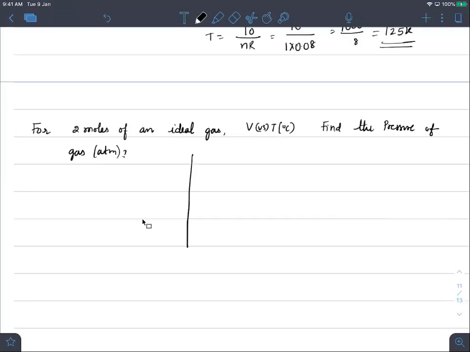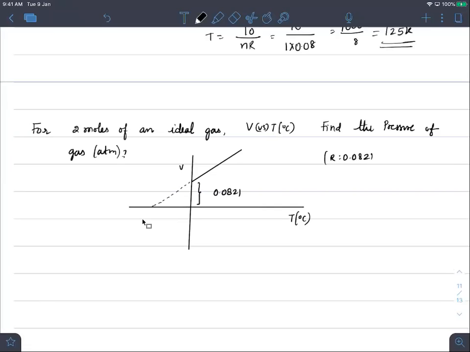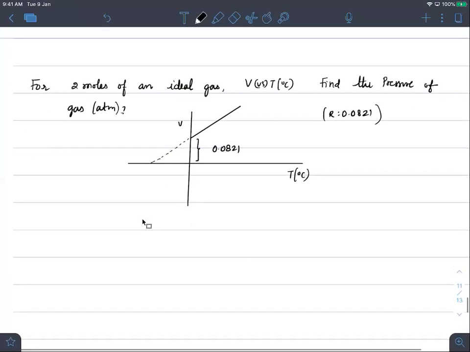That's all. The graph given is this way: volume versus temperature in degree centigrade, and the graph is going this way. And this distance is given as 0.0821. The R value is already given in the question as 0.0821. Please do this now.